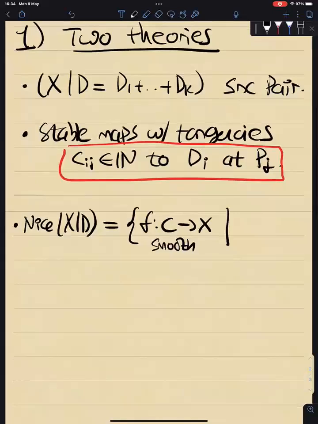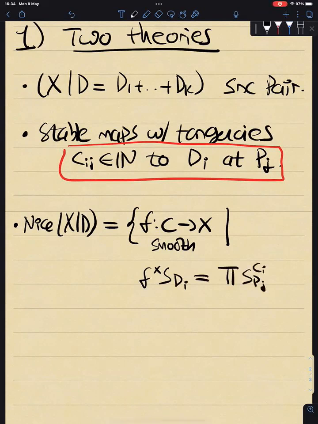So how do we write this down in symbols? If I pull back the equation for the ith divisor, then I expect this to be the product of equations at the markings with the appropriate exponent. So this is the product from j equals 1 up to n. This is the open locus that we want to compactify.